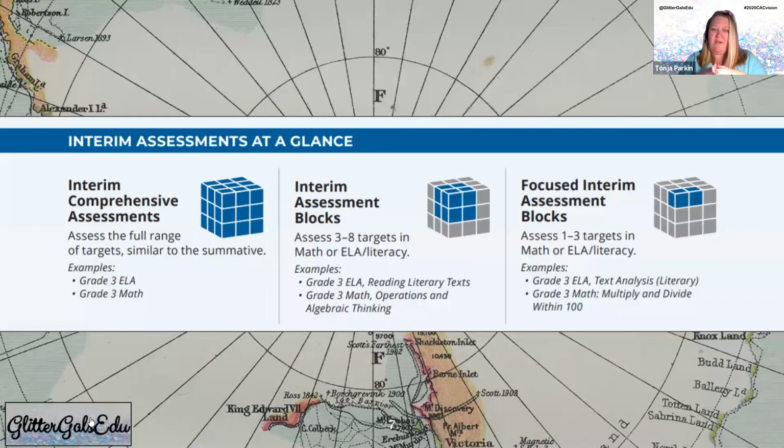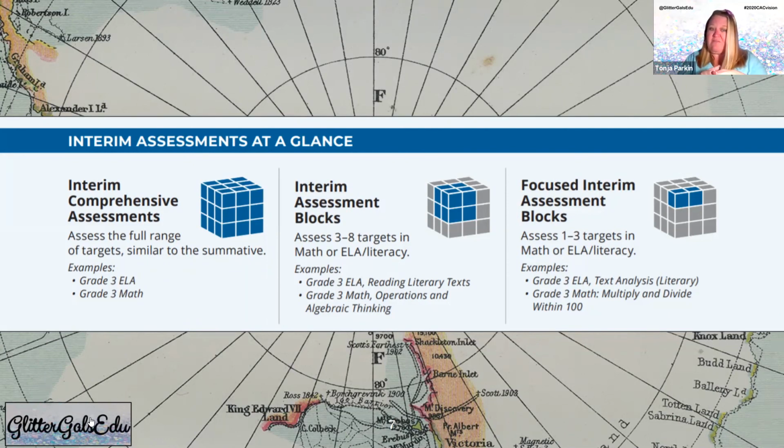So then we can take even one step closer and hone in a little bit deeper and go to what we now have, or what we're calling the FIABs, or the focused interim assessment blocks. These are designed to assess 1 to 3 targets. So where the IABs previously were assessing 3 to 8 targets in one domain or one cluster of skills, these focused IABs are now assessing 1 to 3 targets.